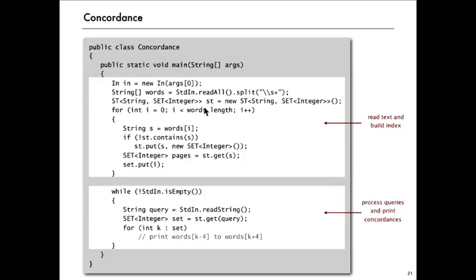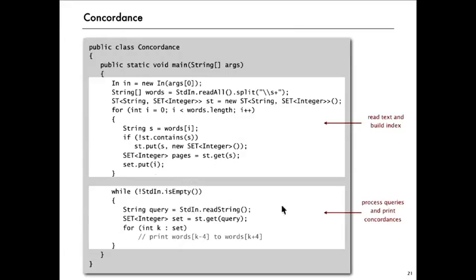So we go through all the words, pick out our key s, and again, if it's not there yet, we create a new set associated with that s. And then afterwards, we go ahead and get that set and put the new index on that set.